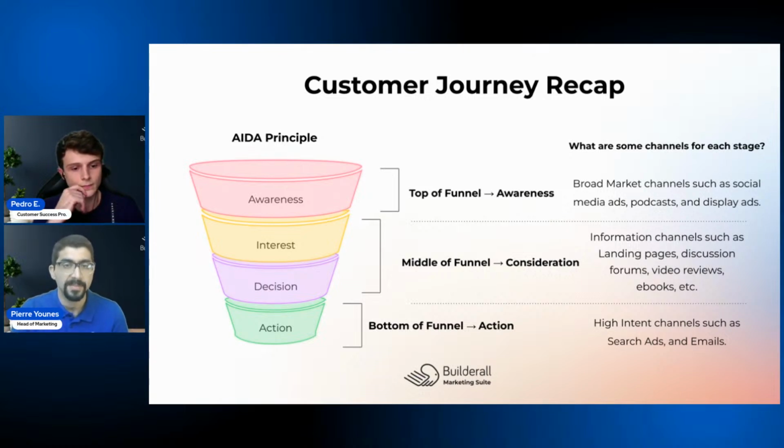The rate changes depending on a whole bunch of factors, but this is the four-step process that people go through to make a decision. It starts with awareness. Then once you're aware of the problem, you become interested in solving that problem, and then you make a decision. And after you make a decision, you take that action and complete the process.